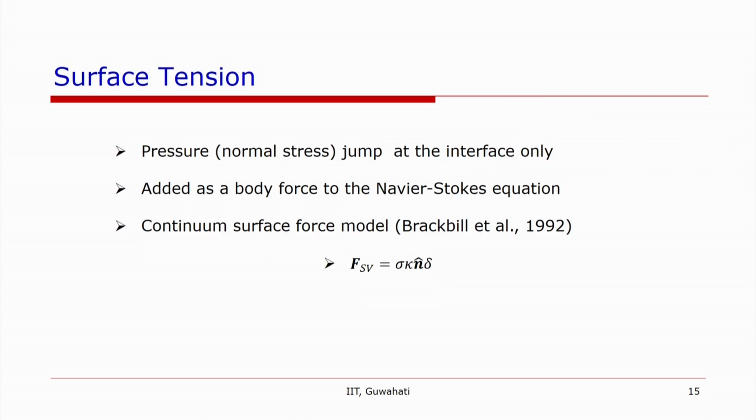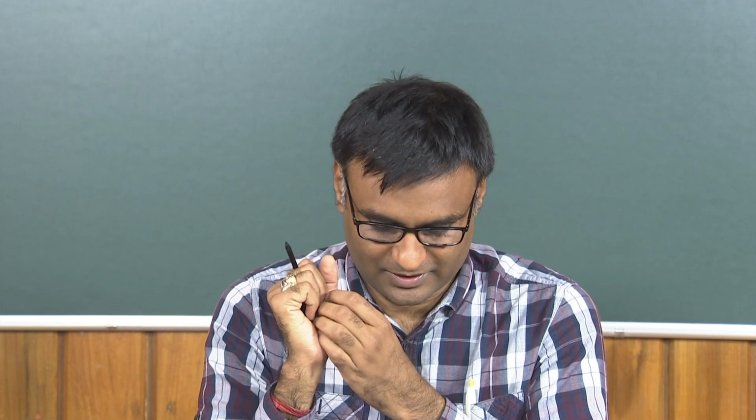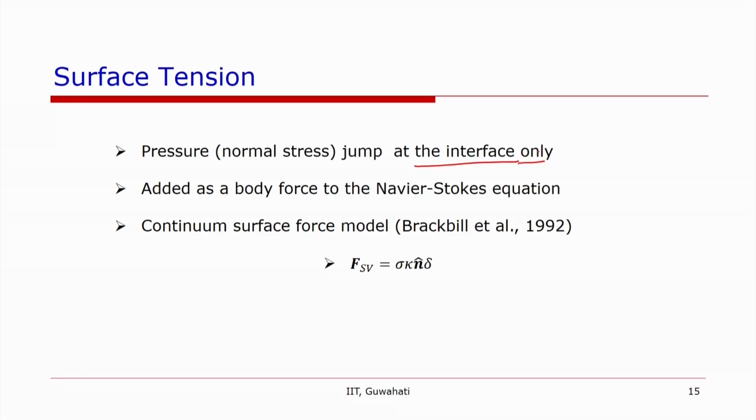Having clarified that we need to solve one equation for the marker function, and how we find the curvature of the interface, let us look at how we can include the surface tension. The surface tension jump, or the pressure jump at the interface, is non-zero at the interface only. So at the interface we build a function which is 0 everywhere else and non-zero at the interface.